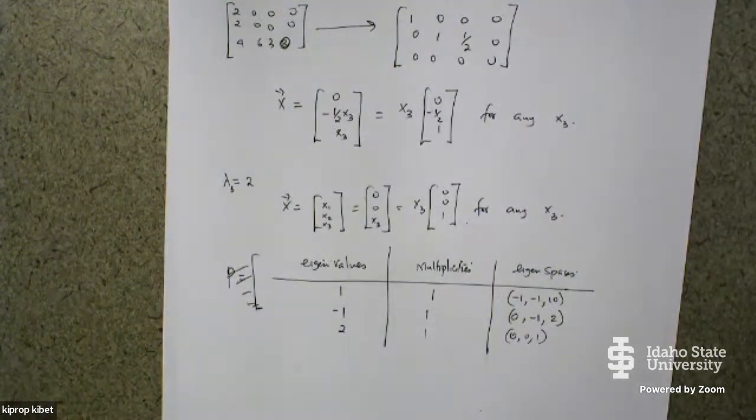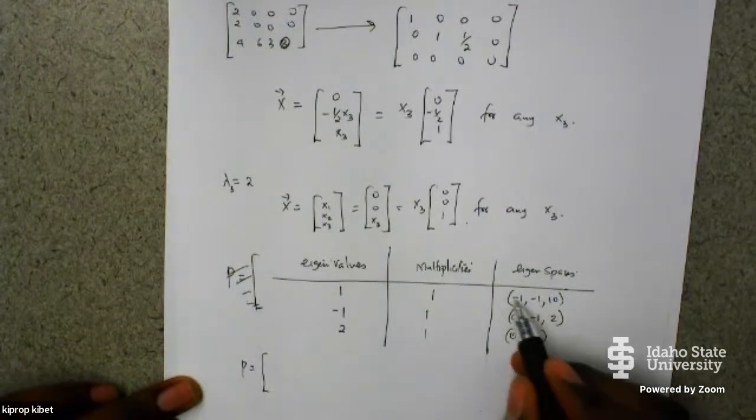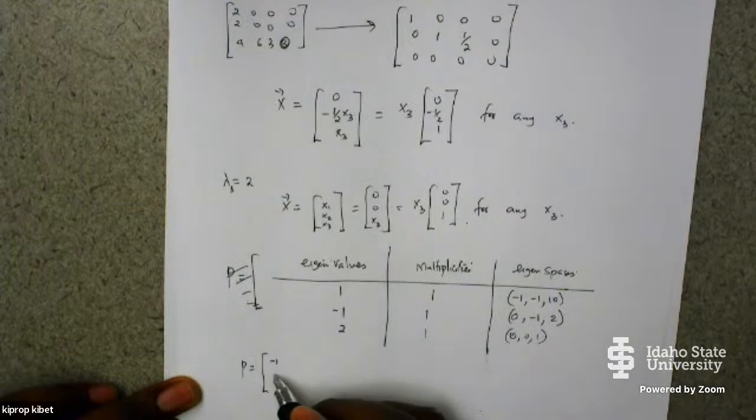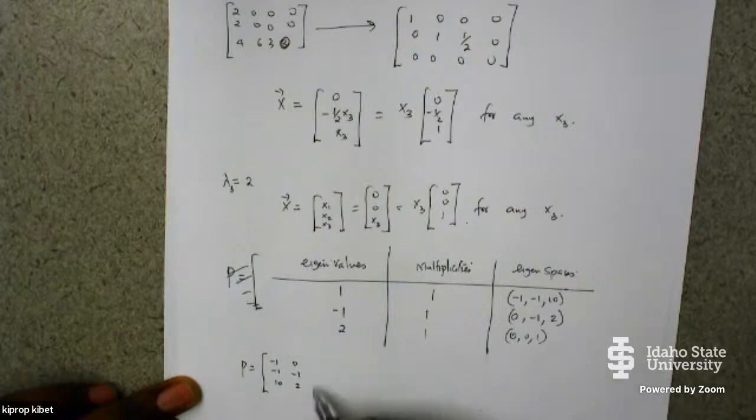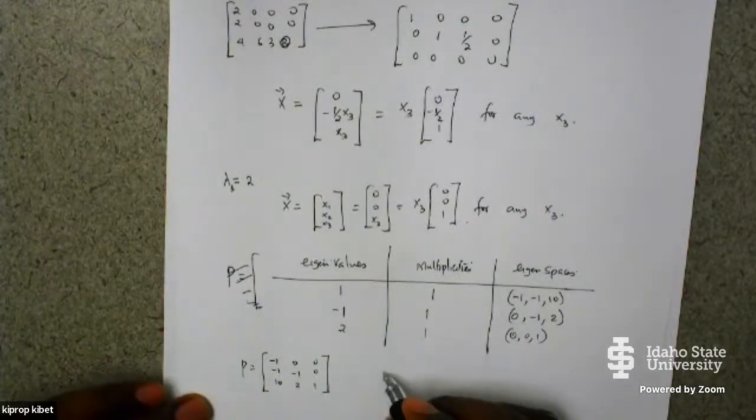So then our P is now, we take this: -1, -1, and then 10, 0, -1, and then 2, and then 0, 0, and 1. So that is all. Now our D, we now take the what?